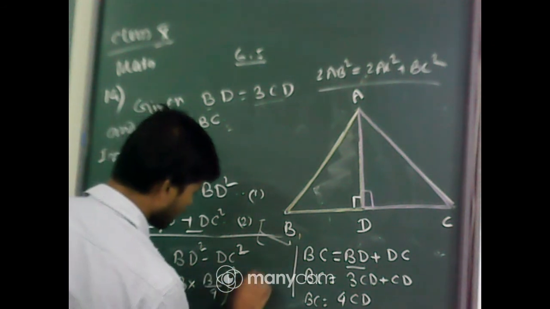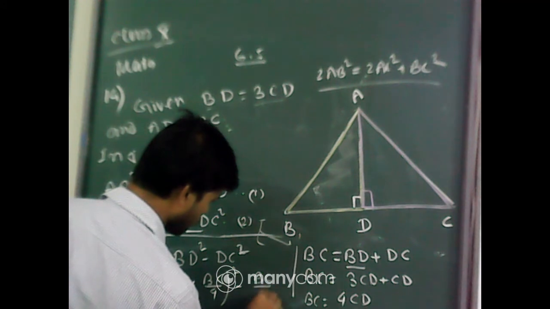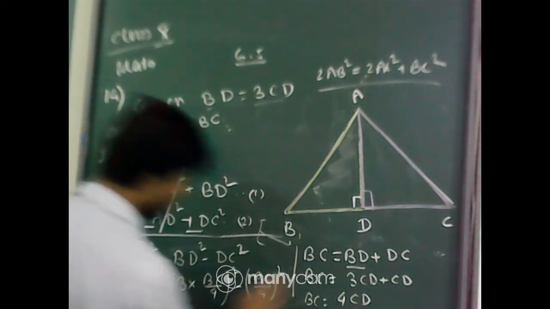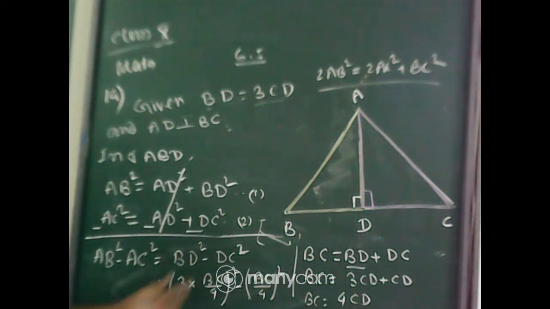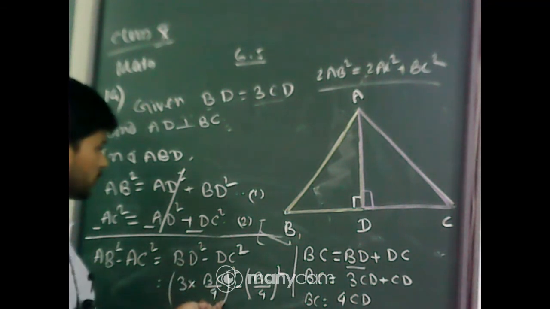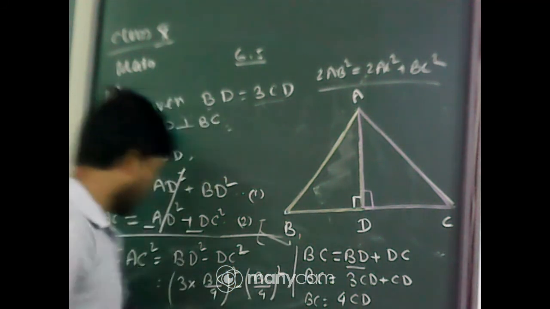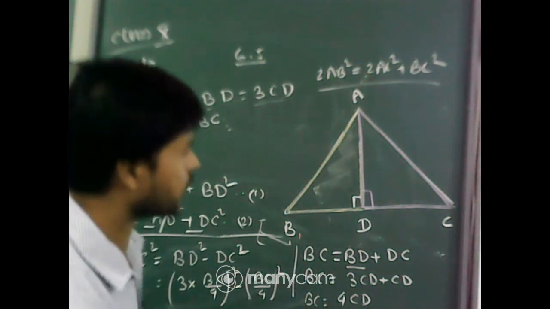Now we just put BD as 3 into BC by 4 and DC equal to BC by 4, in BD square minus DC square. Now do the calculation, you will get your answer.